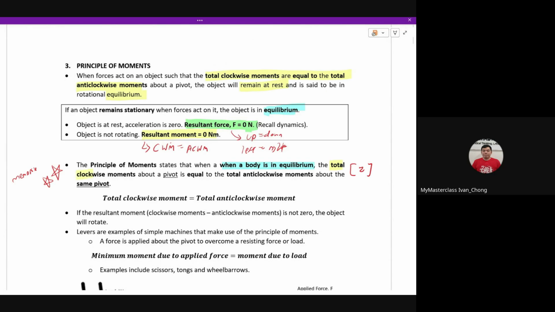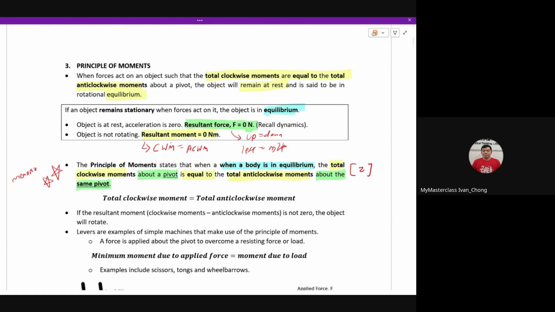Total clockwise equal to total anti-clockwise. Okay. And last but not least, a small little detail that causes students to lose marks is that you must use the same pivot. If you have 2 or more pivots itself, we only focus on one of them. Okay, we only choose one pivot and we will rotate about that same pivot itself.